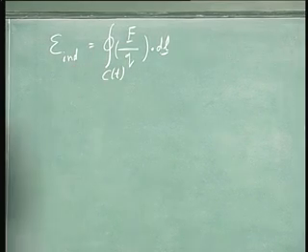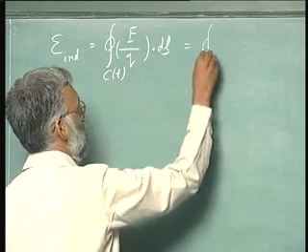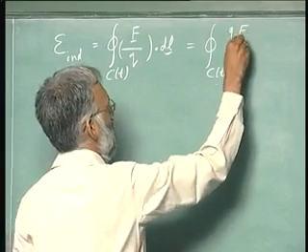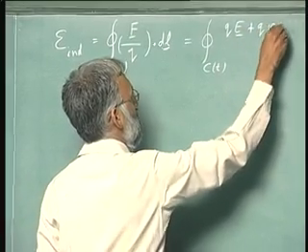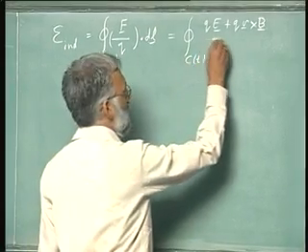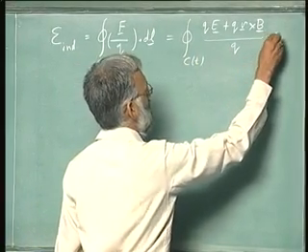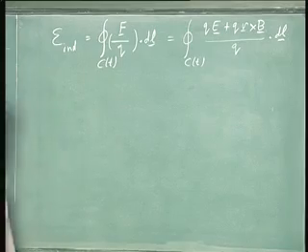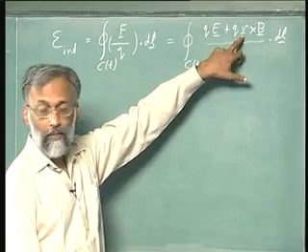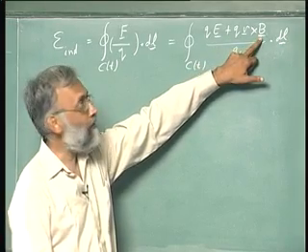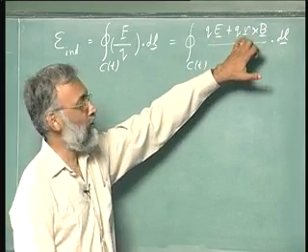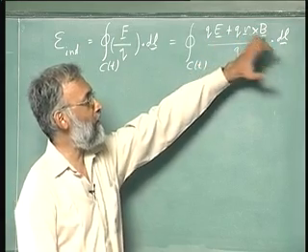But what is this force? This force is loop integral on this moving loop of QE plus QV cross B, that's the force on a charge, divided by the charge itself, dot dl. Alright. So when I have velocity present and when I have magnetic field present, the force on a charge is not QE. Force on a charge is actually QE plus QV cross B. The magnetic field also exerts a force.